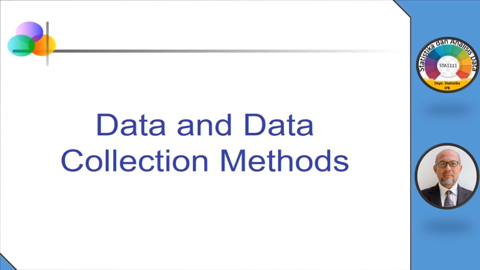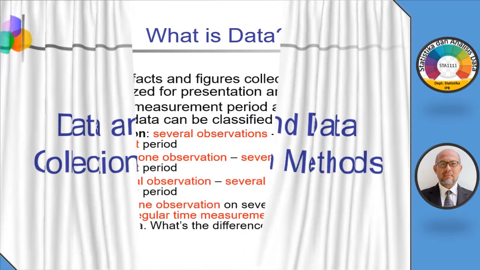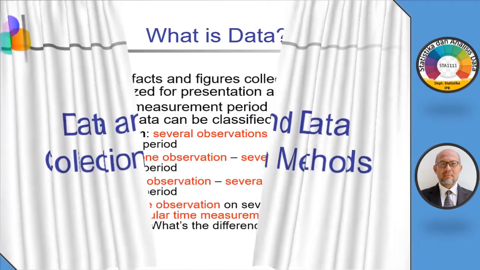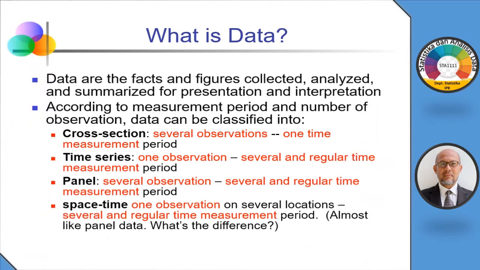The next topic we are talking about is data and data collection method. Okay, although in the previous slides we have talked many times about data, we haven't talked in more detail about what data actually is.